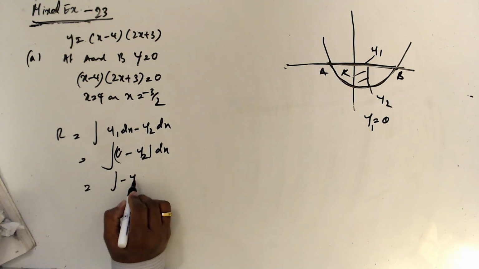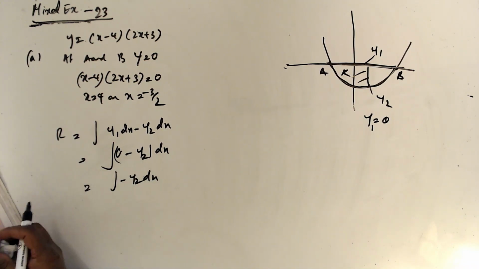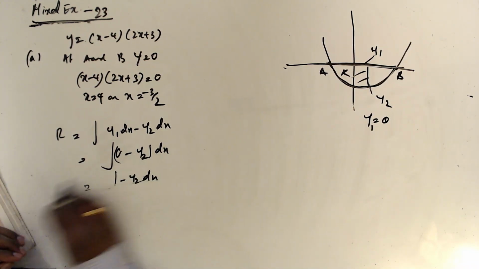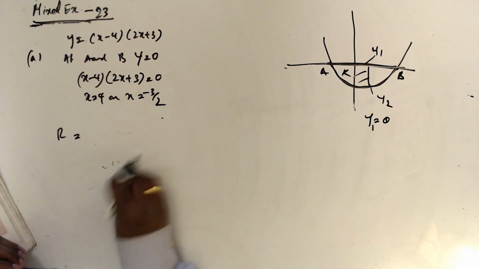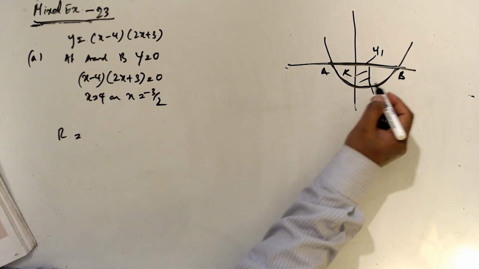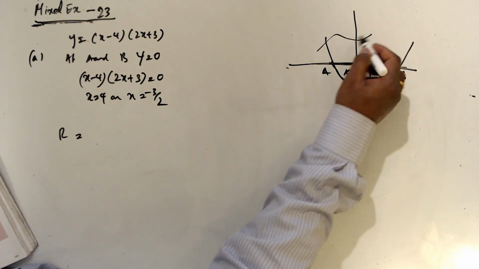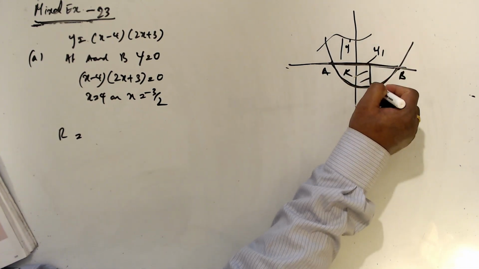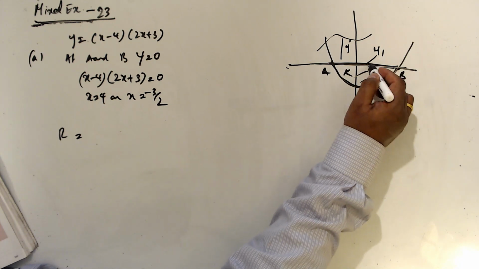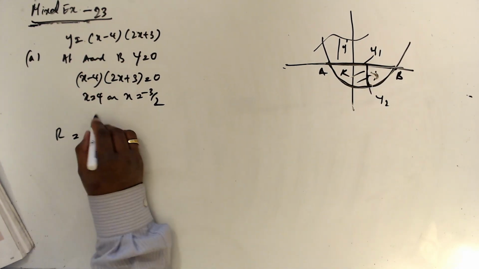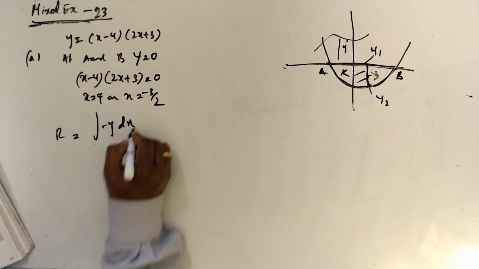So minus y2 dx. Or with the theory, we prove this one for positive y. Now the y's value is negative, the other side. So negative y dx.